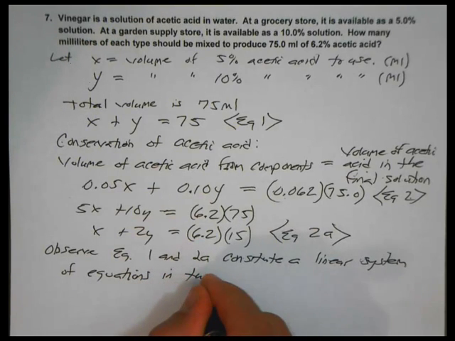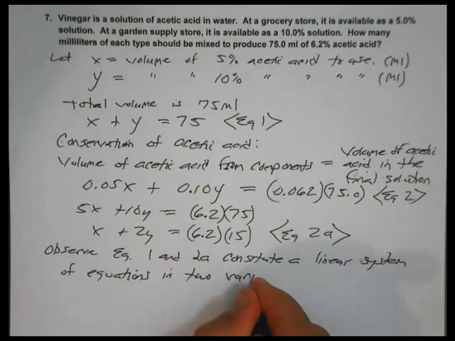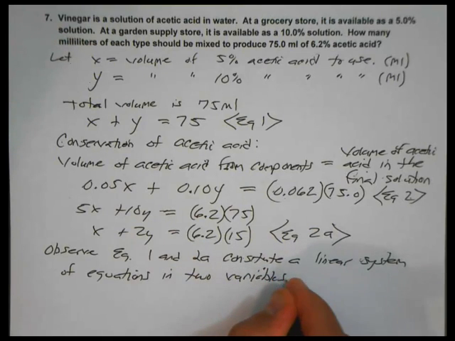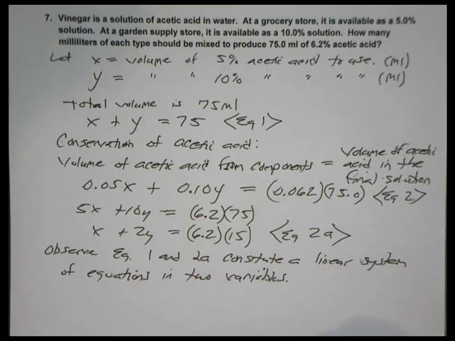In two variables. Okay, let's go ahead and solve them. If we were going to use the calculator here, we could take the first equation and solve for y. y equals 75 minus x becomes y sub 1.